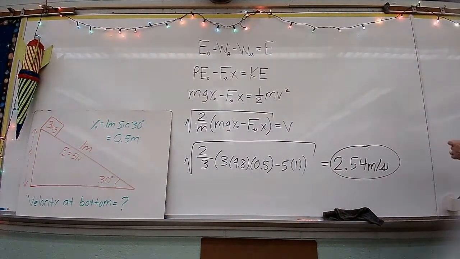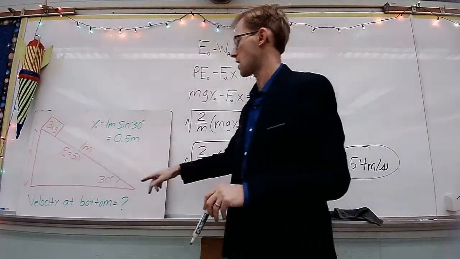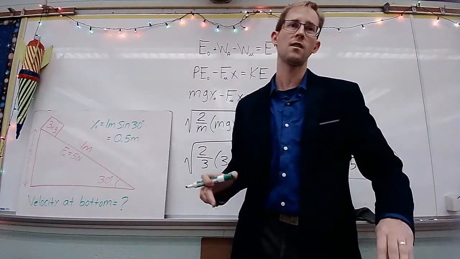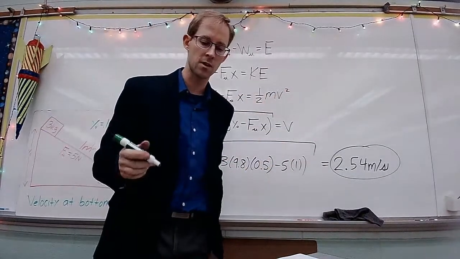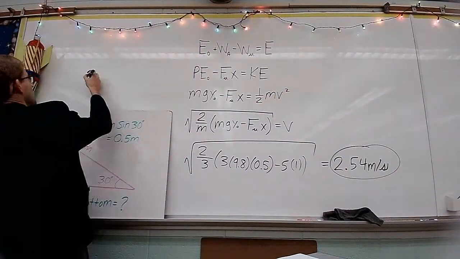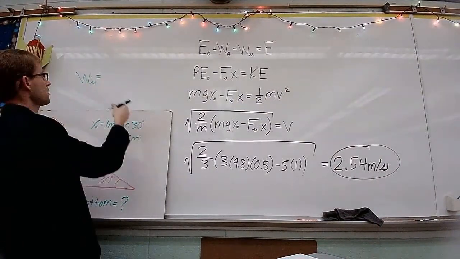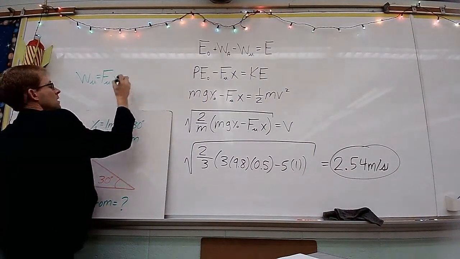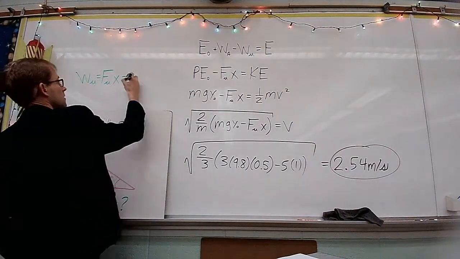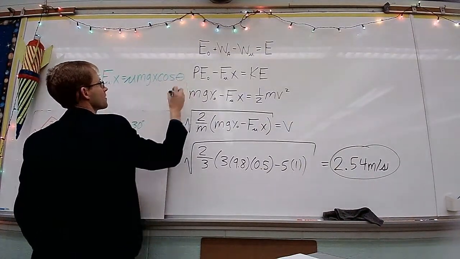Something else I just want to make known to you is a little shortcut through some of these problems. Whenever you're on an incline like this, and maybe you're not actually given the force of friction directly, maybe they'd want you to do force diagrams to get normal force in order to figure it out. In general, the energy that you lose due to friction is simply going to be equal to mu mg x cosine whatever the angle is.